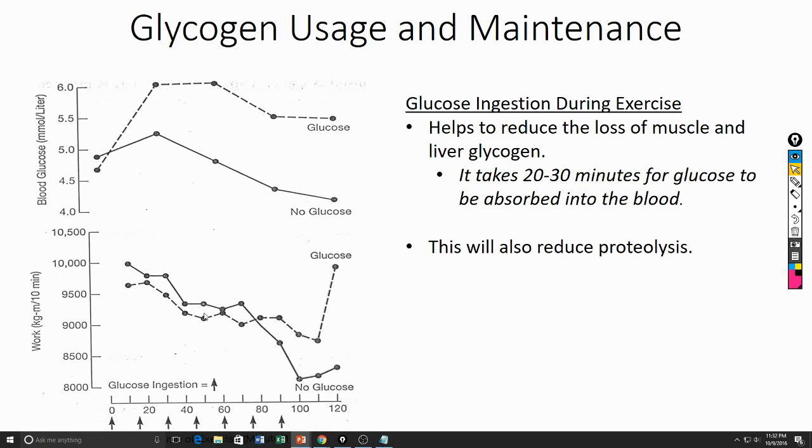Okay, you see ability to work is about the same, matched with the non-glucose group here, but toward the end of work, they have a higher amount. They're better able to retain glucose levels later in work, whereas these guys, in the non-glucose group, start to have a significant reduction in blood glucose.